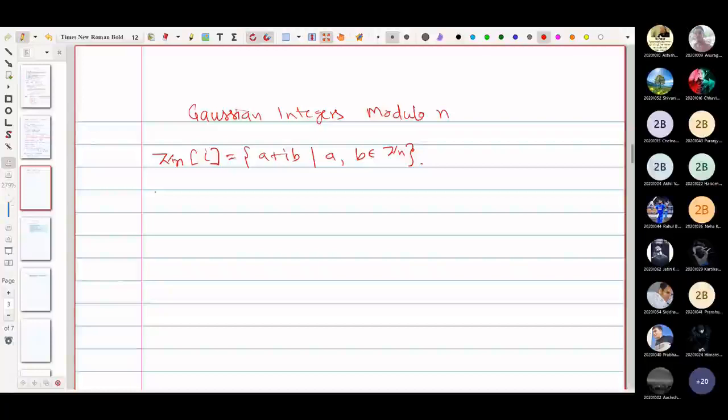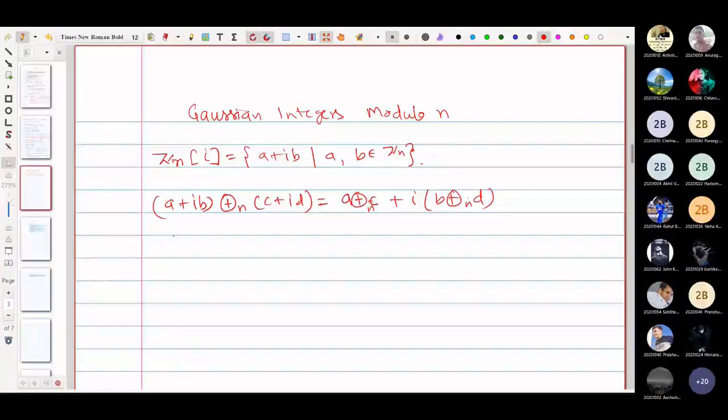So when we write a + ib, this is general addition, and then we write c + id. So this is going to be equal to (a + c modulo n) + i times (b + d modulo n), like this.